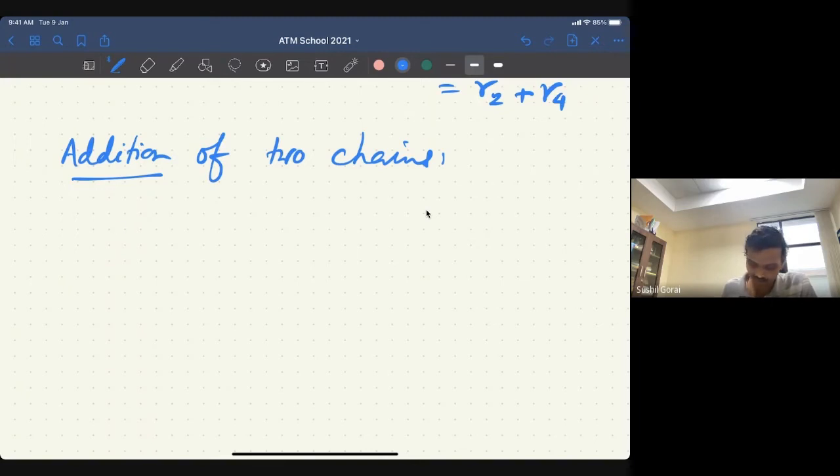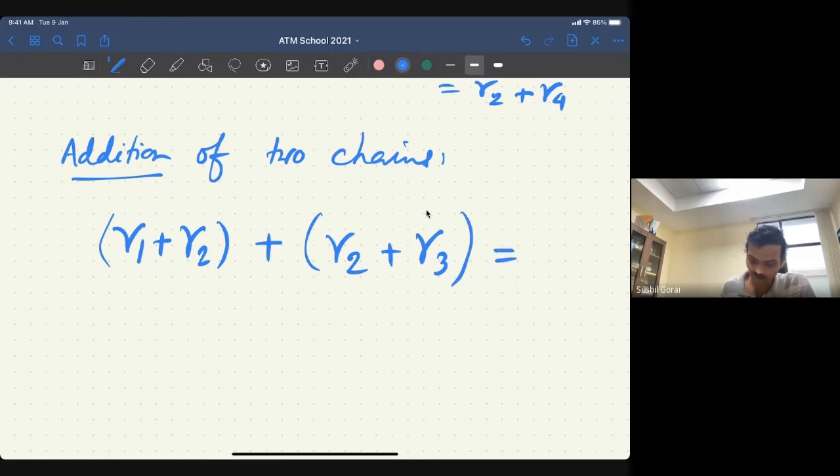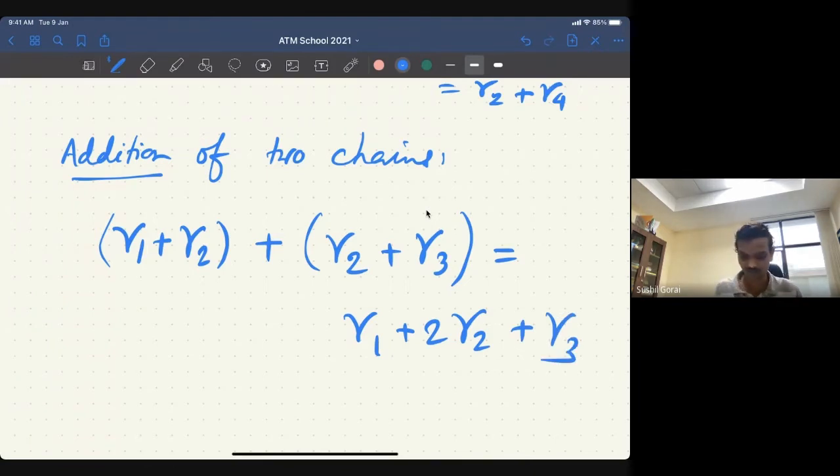Suppose gamma 1 plus gamma 2 is one chain, and gamma 2 plus gamma 3 is a different chain, then the sum will be gamma 1 plus 2 gamma 2 plus gamma 3. So the coefficient would occur as a positive integer. Any question here?